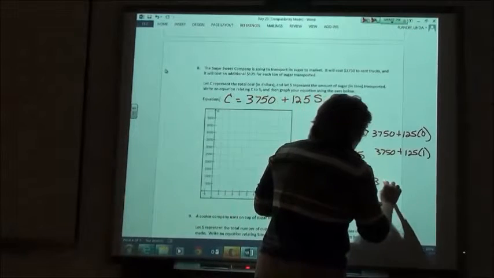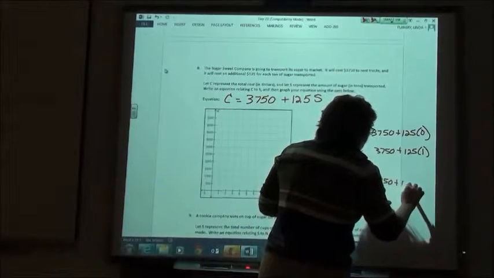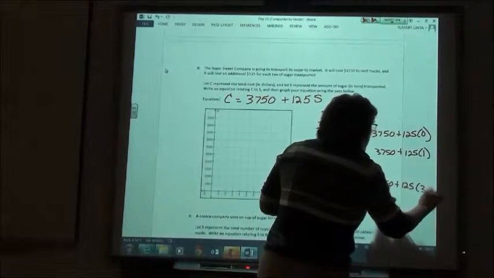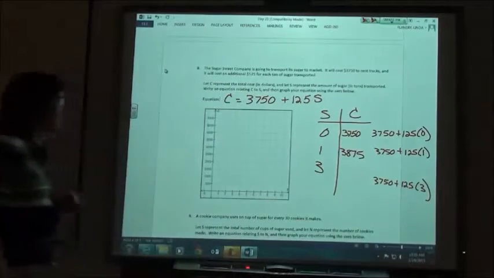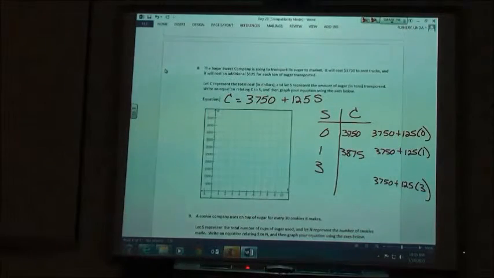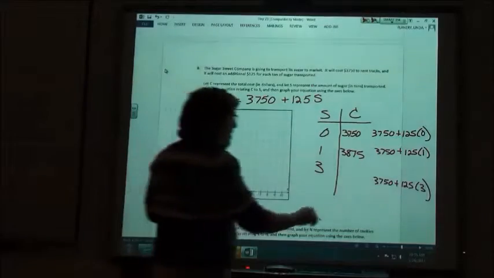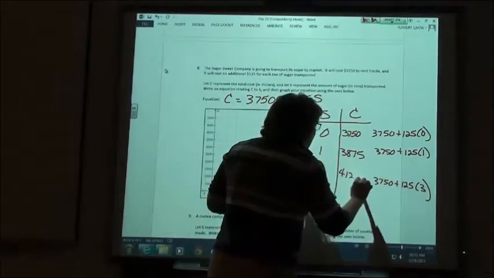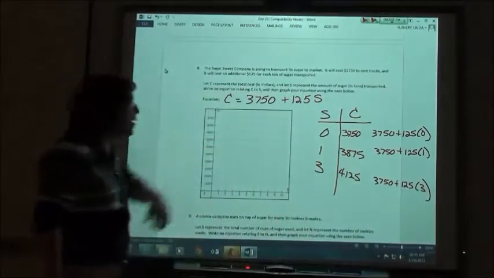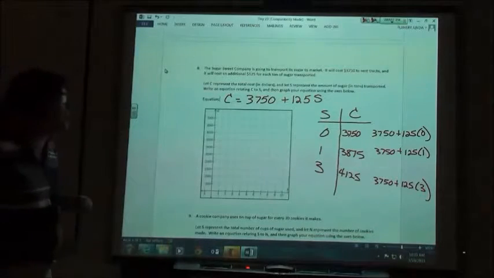And then 37.50 plus 1.25 times 3, which is 41.25. Again, you'll use the plot point tool and type the ordered pair in and let the computer put the dots on there for you.